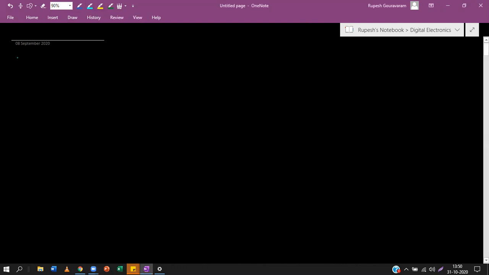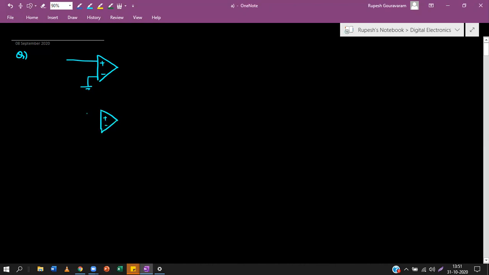So let me write the question. Here is the question. I give a circuit. So circuit is like this. This is plus, minus. This is grounded. This is an op amp. And here there is one more op amp.